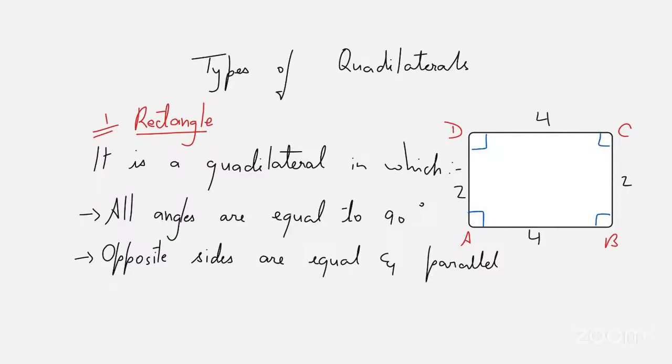The third property is that the diagonals are equal and bisect each other.